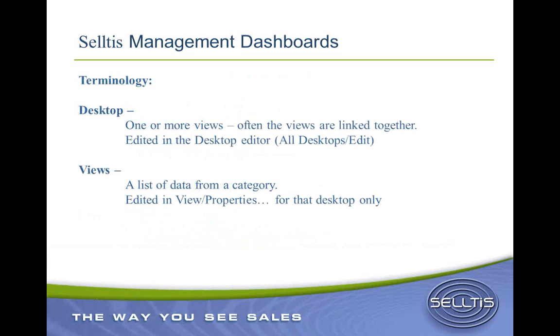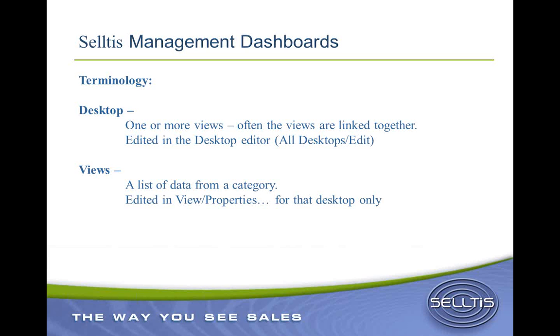A desktop or dashboard, I think I use the terms interchangeably, are one or more lists of data. Those lists of data or views are often linked together. So for example, many of you are familiar with a mini views desktop where we have a company or a product or a contact in the master view, and the data in the related views changes as we select a value in the master view.